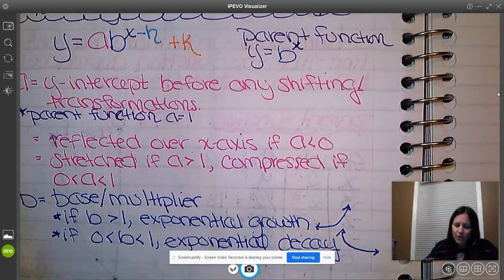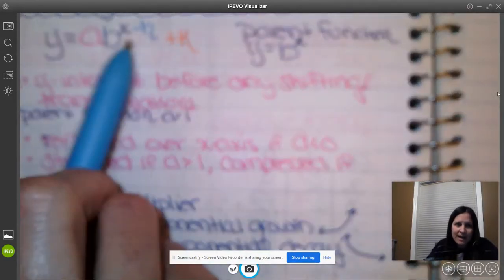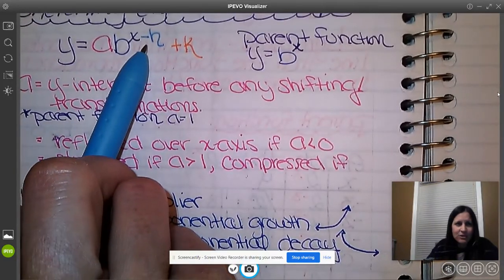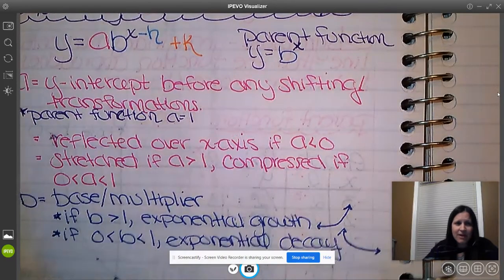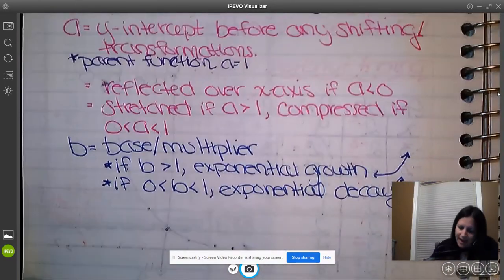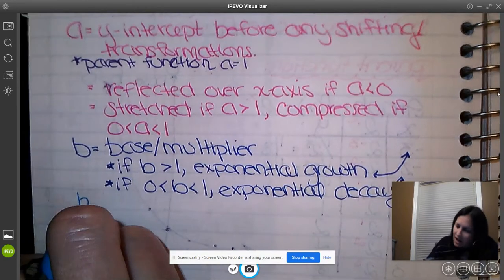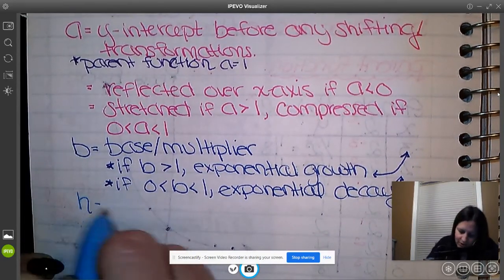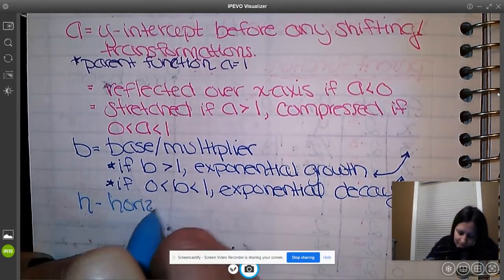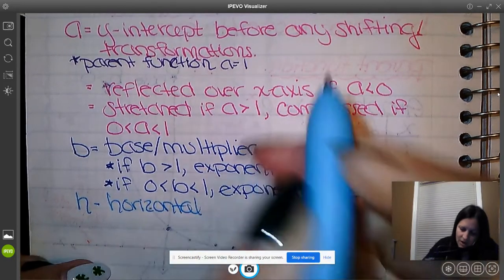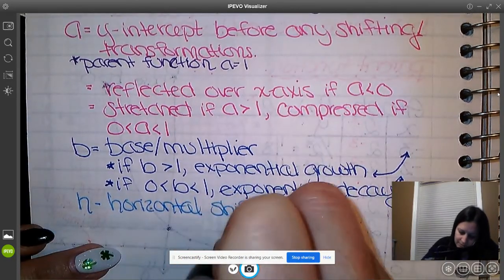Now, your H value, see how it's minus H, just like in absolute value? That's the same thing. So your H values are going to tell you your horizontal shifting.